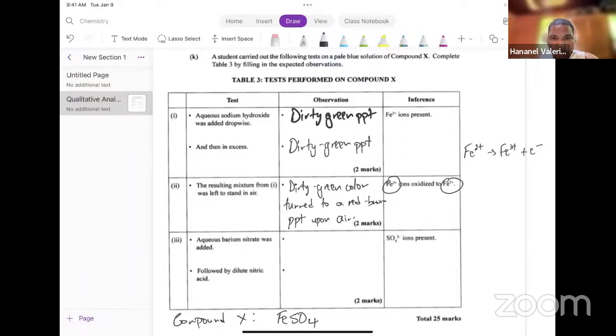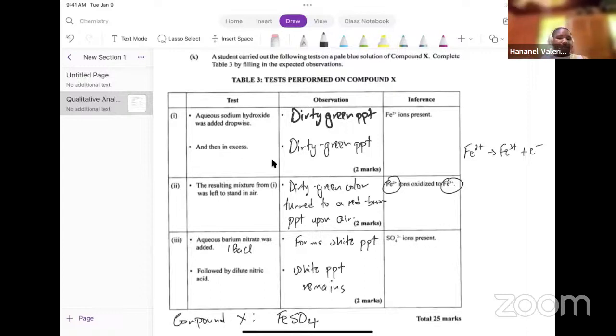So based on the test we have for sulfate, the barium nitrate is going to have the same reaction as with the barium chloride, so don't be afraid, and it's going to form a white precipitate. So forms white precipitate, and the white precipitate remains.